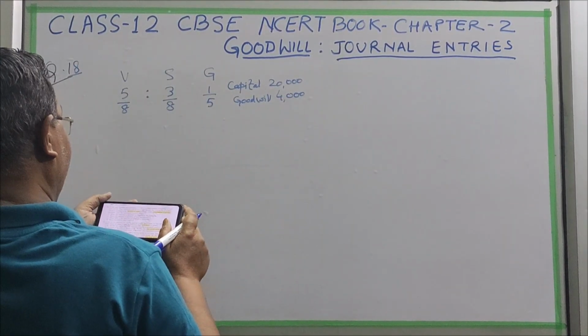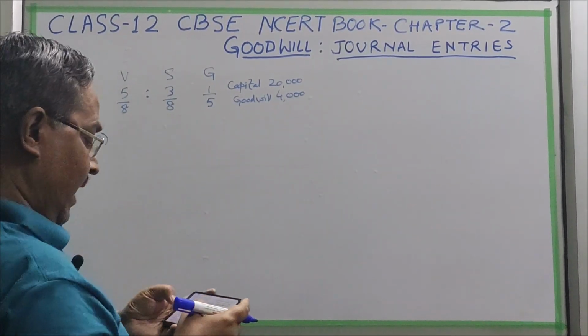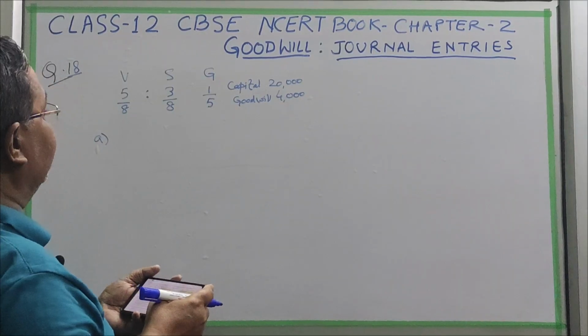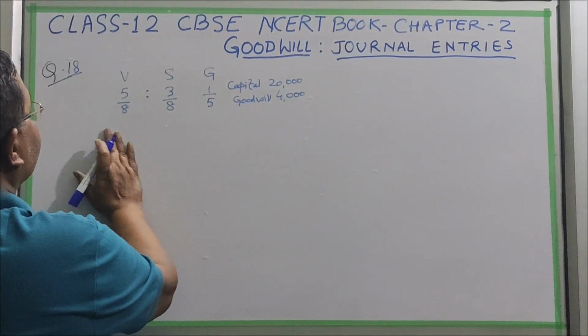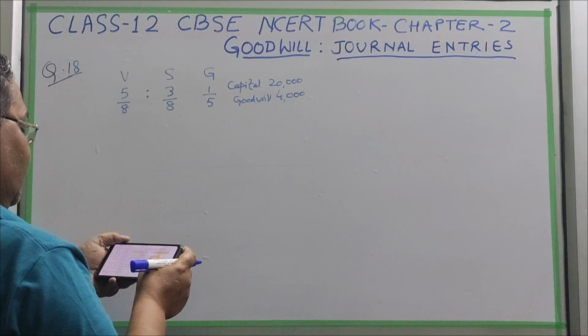You have to give journal entries first when the amount of goodwill is retained in the business, and when the amount of goodwill is fully withdrawn.